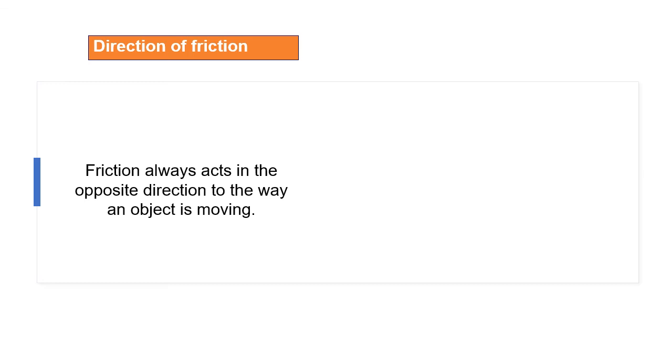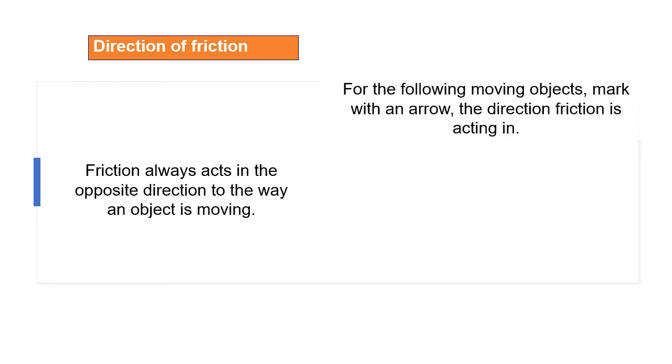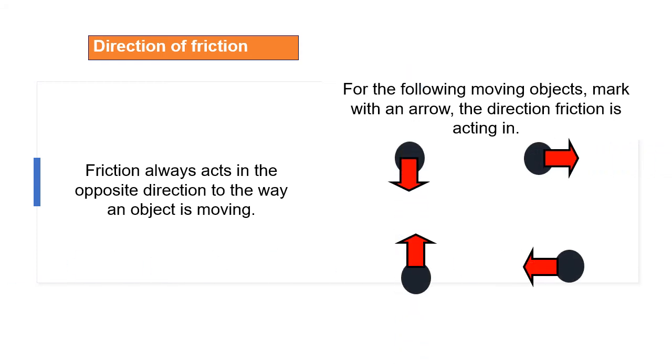So keeping this in mind, for the following objects, they have already shown you the direction in which the object is moving. So you need to show the direction in which the force of friction is acting. Okay, so 30 seconds for that and your time starts now.